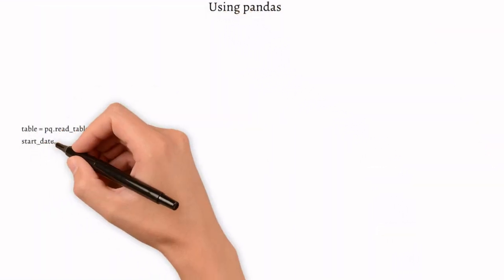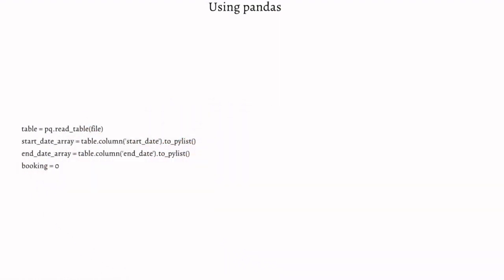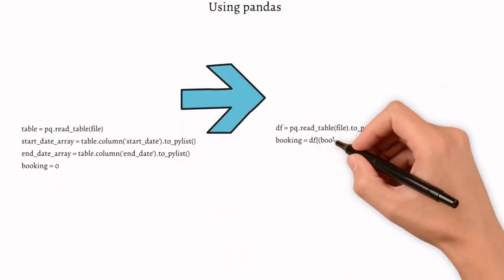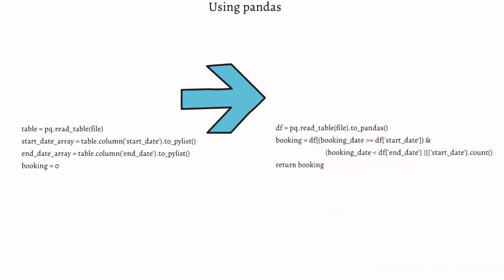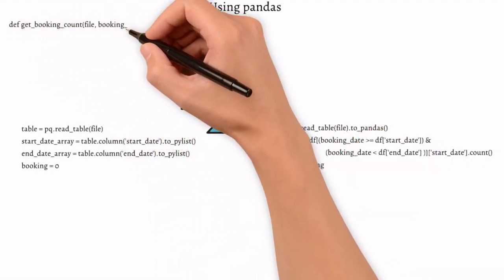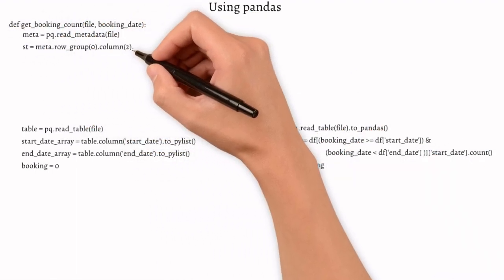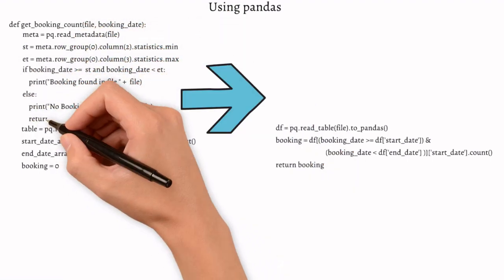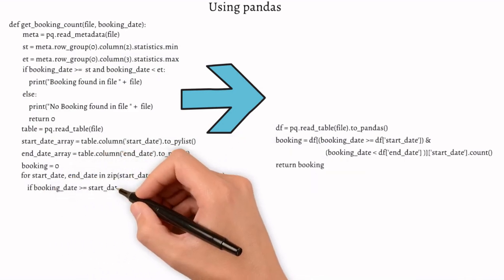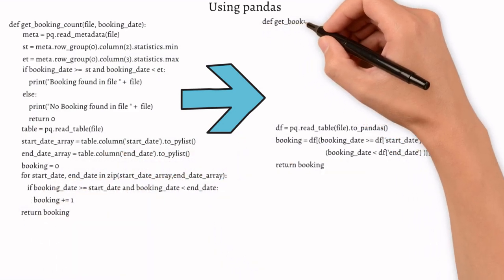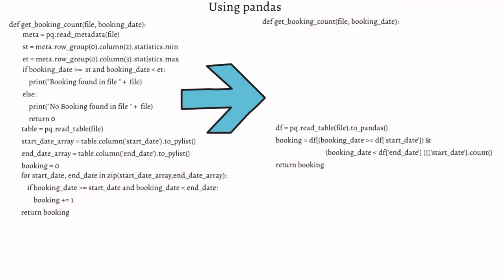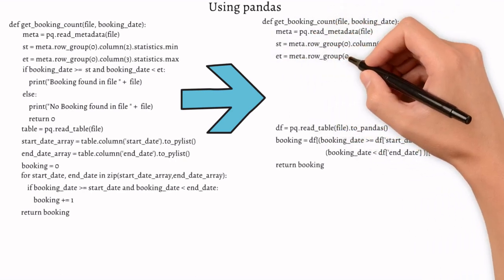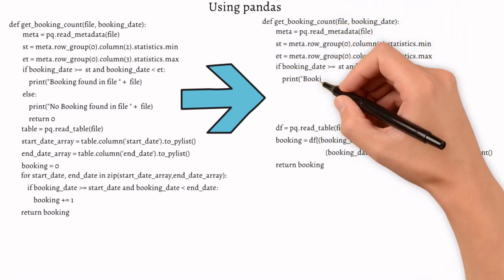To use a pandas data frame, all we have to do is convert the pyarrow table to pandas. We just need to make changes in the get_booking_count function and all the code stays as in version 3. The read_table call followed by the to_pandas method will convert it into a pandas data frame, and we simply check if the booking date is between start_date and end_date.